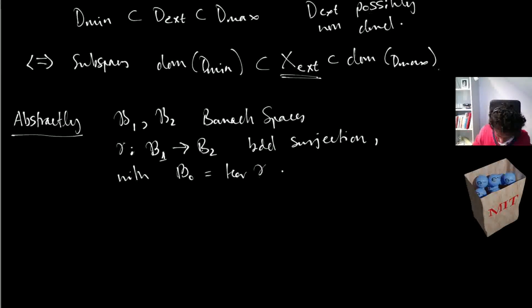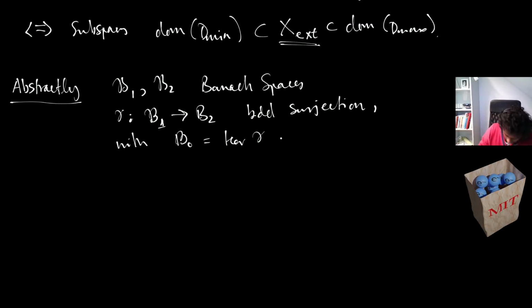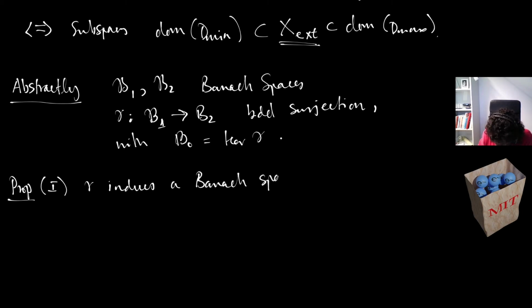That's the abstract setup for the moment. I want to make the following claim. Proposition: gamma induces a Banach space isomorphism, gamma tilde, from B1 mod out B0 to B2.